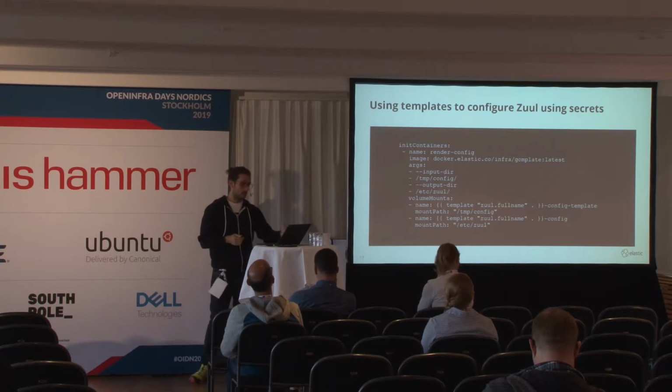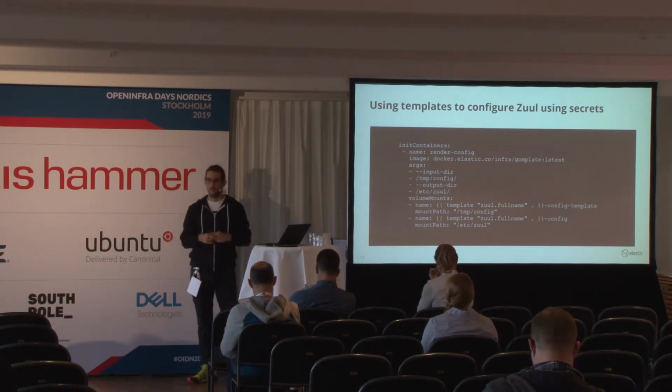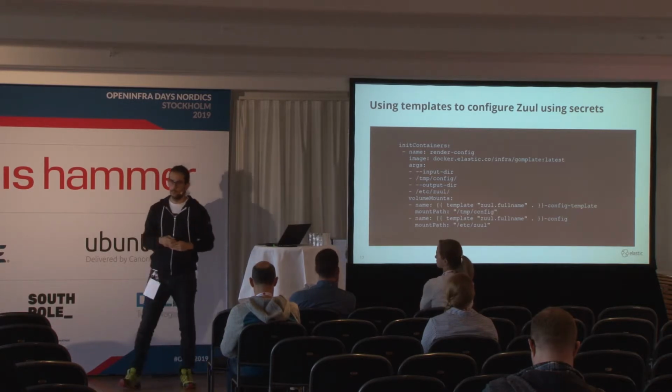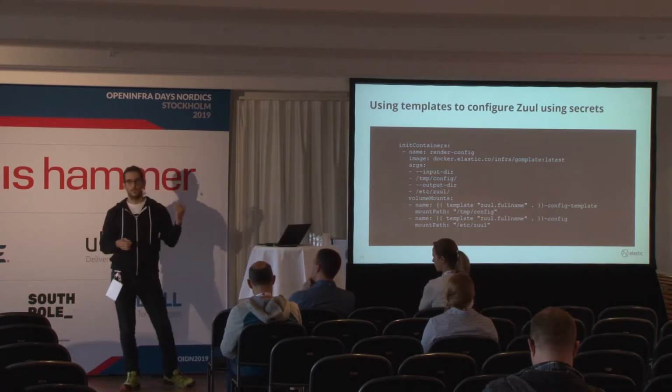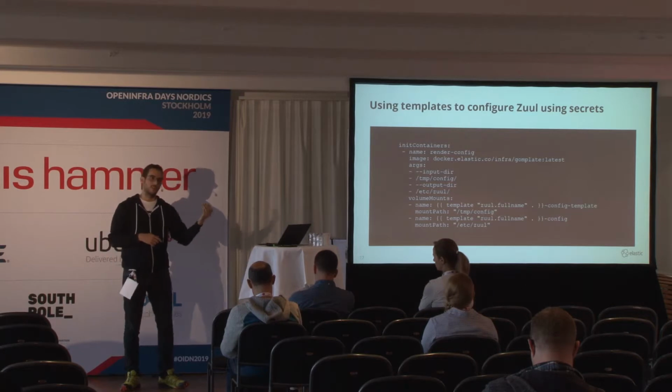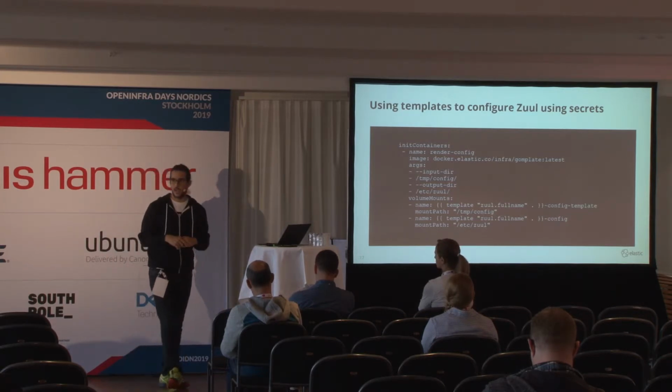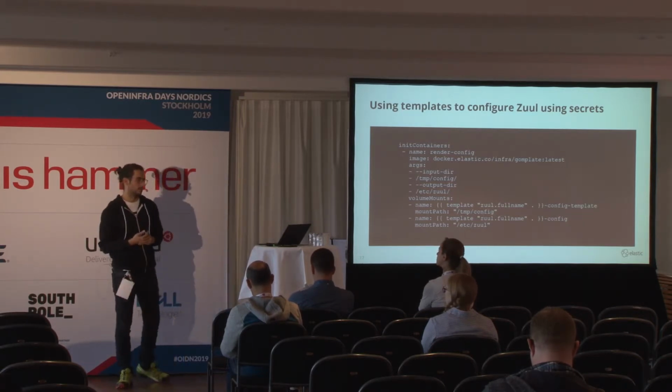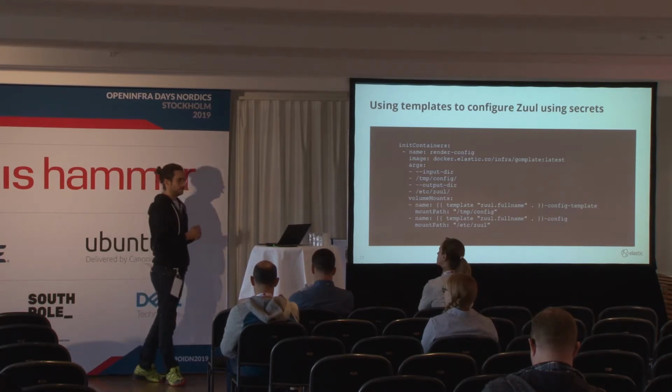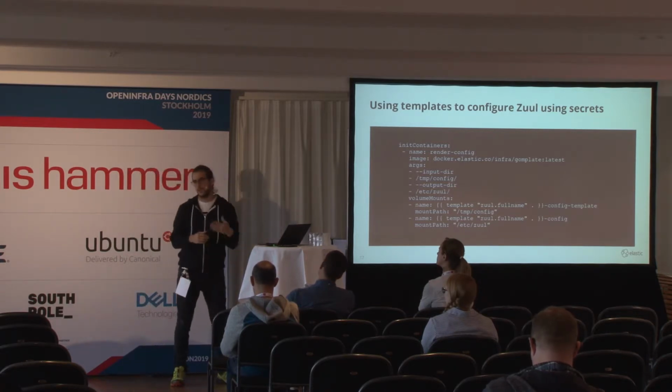So there's a trick here, which is that I'm mounting a volume in the init container where I render the file and write the file to that volume, and then that volume gets mounted in the actual container that runs the Zuul executor. Now, this is how we generate the config file. This is how we render the config file.